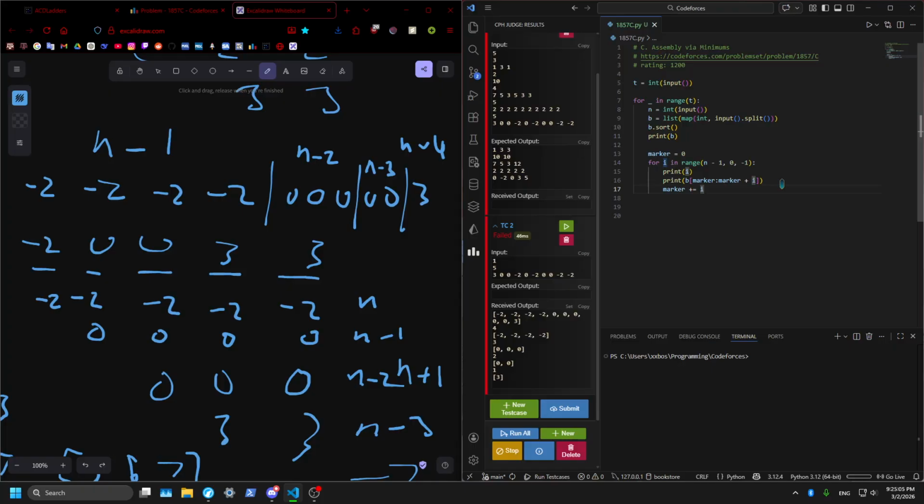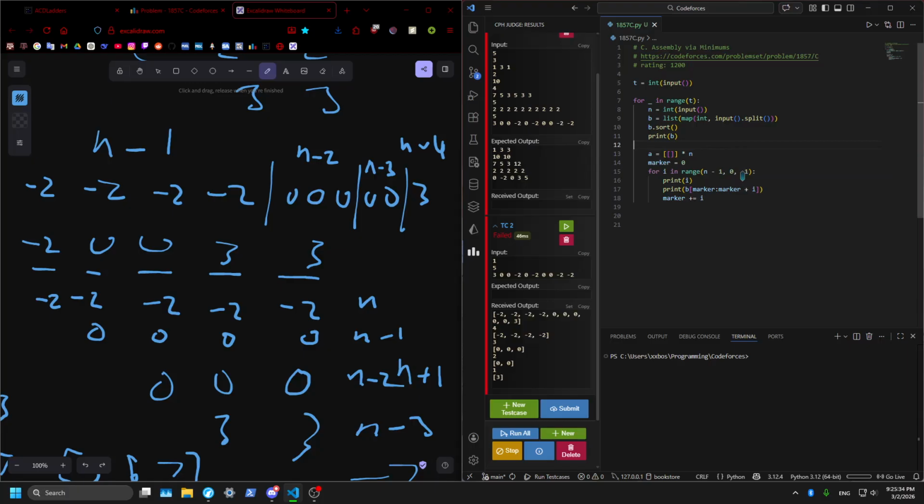Now, the important part is we start crafting A. From this, A equals empty array times n.